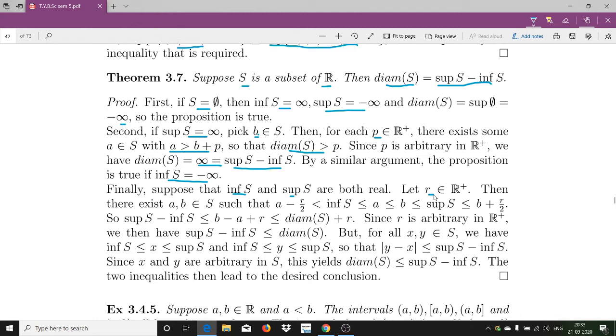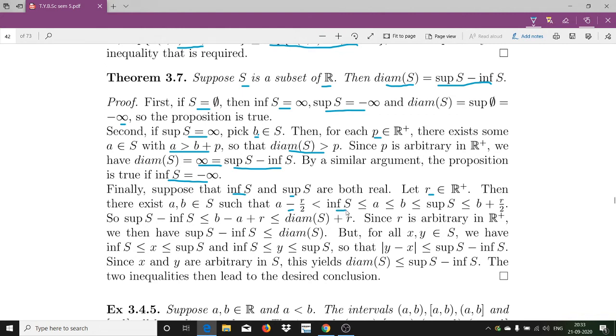Therefore, you can always find an a such that a is less than the infimum of S plus any quantity. Here that quantity I am taking to be r by 2. So there will exist an a such that a is less than the infimum of S plus r by 2. In other words, I can write it as a minus r by 2 is less than the infimum of S.